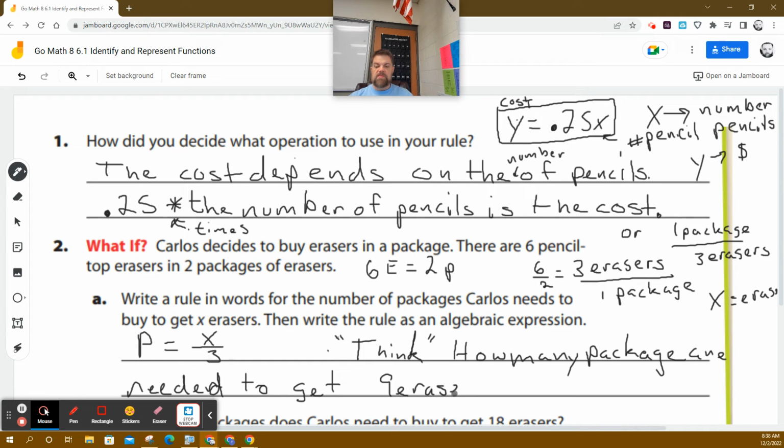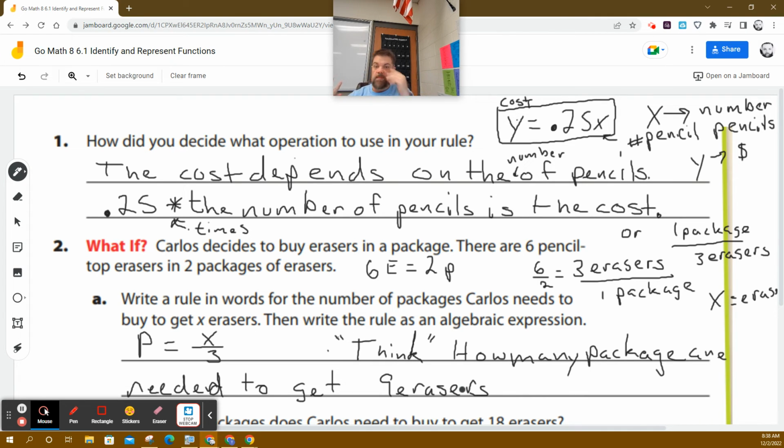Sometimes you can just make up a number and plug it in. Don't worry about the algebra or the function or the rule. If I said, how many packages does Mr. Adams have to buy to get 9 erasers? You'd say 3.